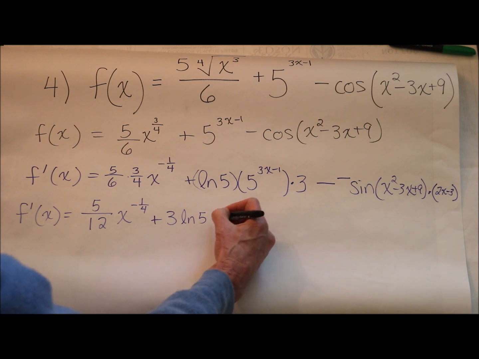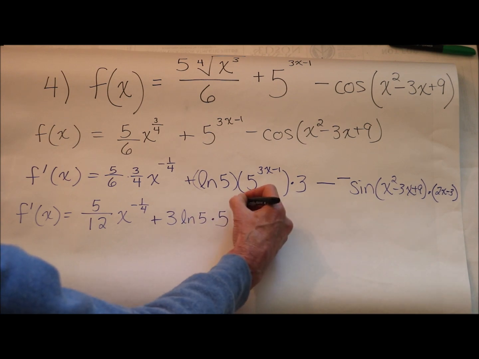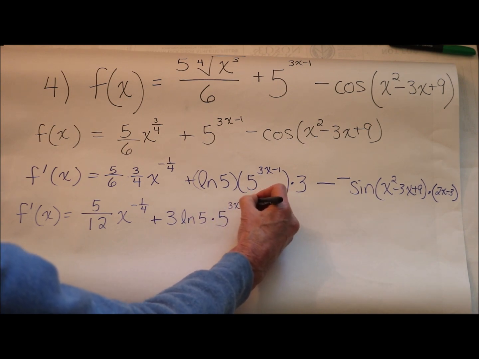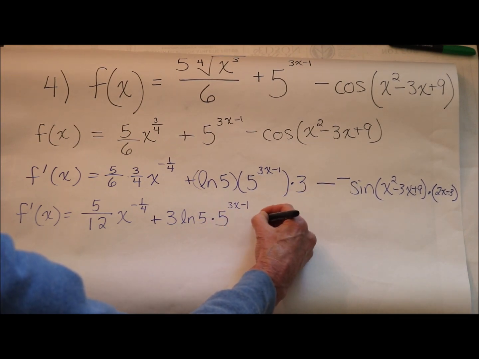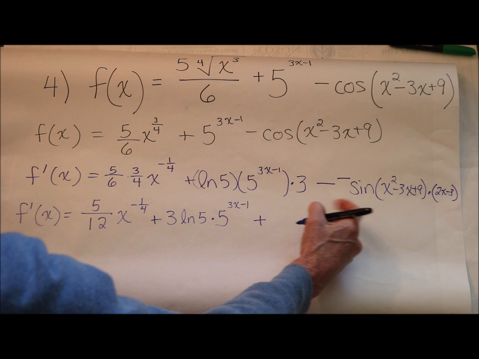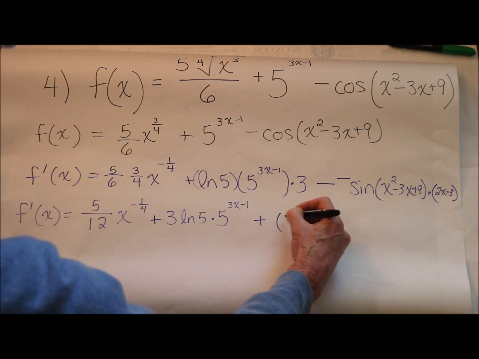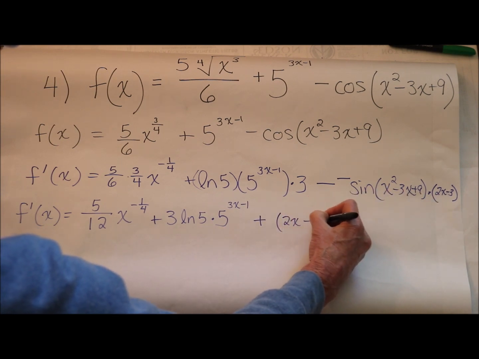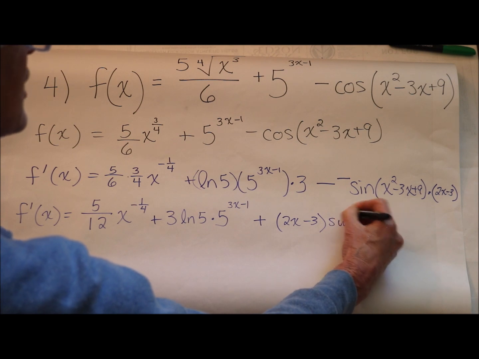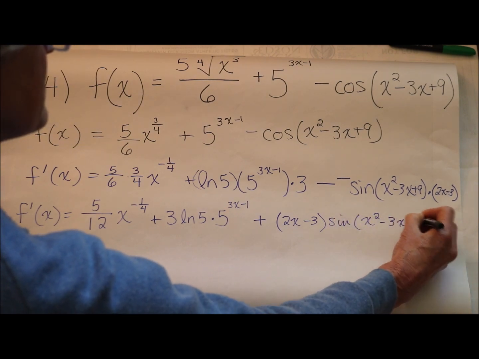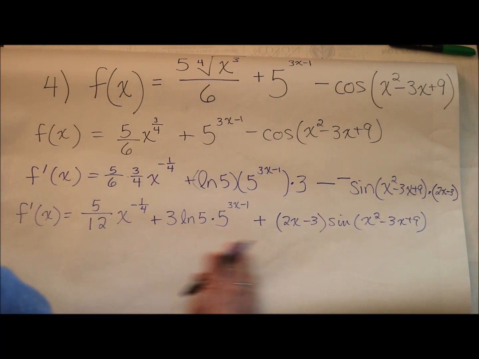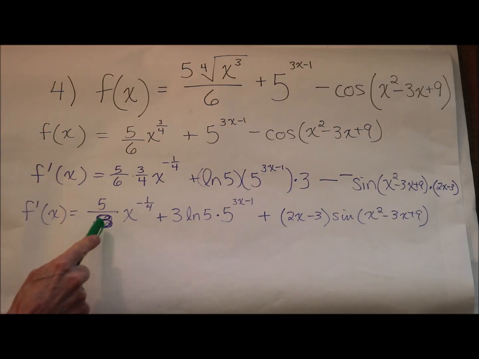It's kind of like your coefficient, times 5 to the 3x minus 1. You can use parentheses if you want. A double negative is going to give me a positive. And this order doesn't really matter. I'm just going to bring the 2x minus 3 in the front, just because it looks a little clearer to me. And there is my derivative. Whoops, that should be a 5/8.